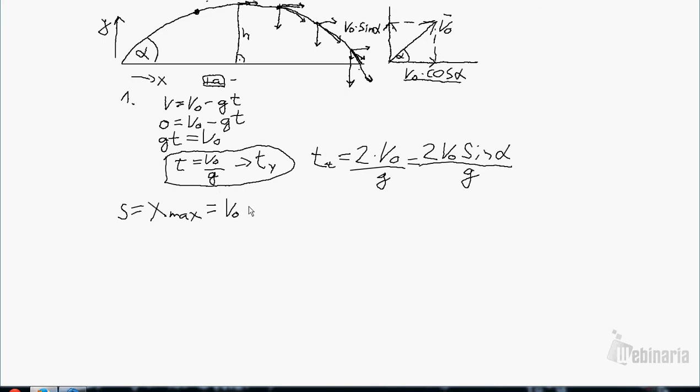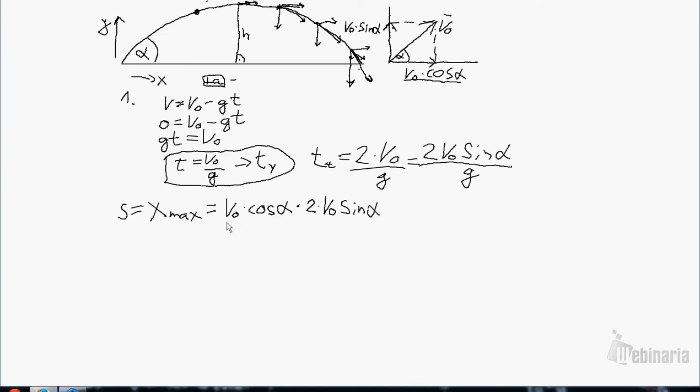Well, let's define the distance from this point to this point. How to do that? We just mentioned the speed here is constant. So S equals, now we are talking about x, and let's call it max, the maximum distance from here to there.